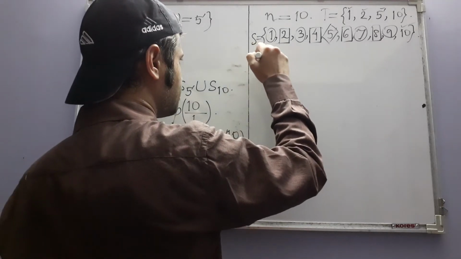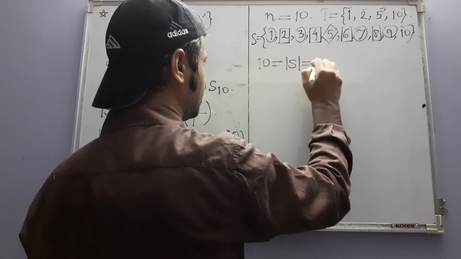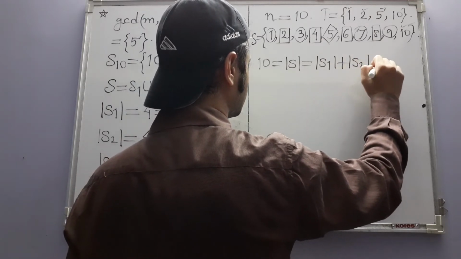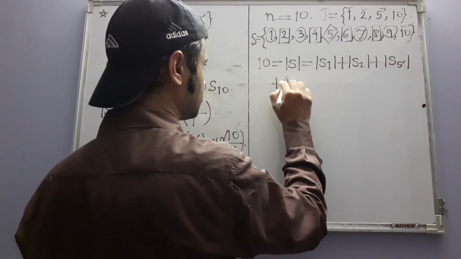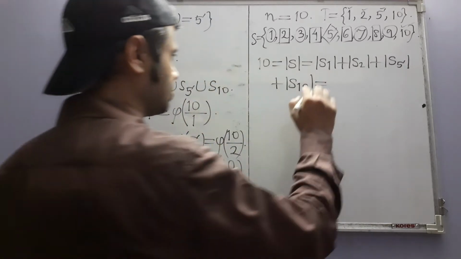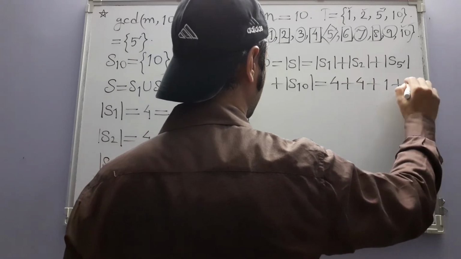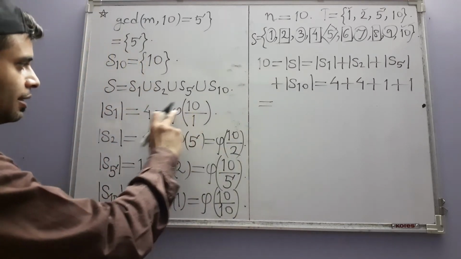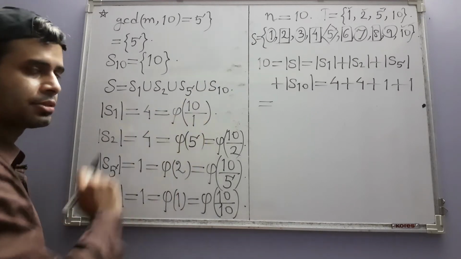Now the thing is that the cardinality of S is 10, and because of the partition we have this: 4 plus 4 plus 1 plus 1. Okay. Now this 4, of course, we have been able to see that this equals this.